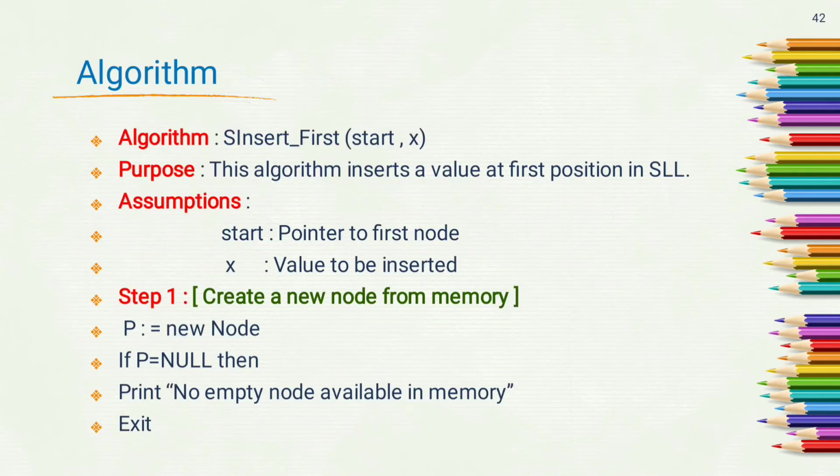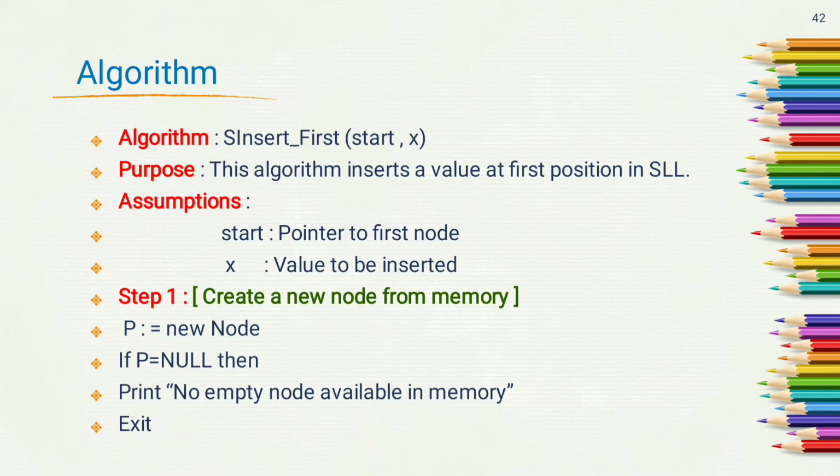So how to write the algorithm for this insertion? We have to write algorithm, then colon. You can give any name to this algorithm. I have given S insert underscore first. S insert means insertion in a singly linked list at first position.